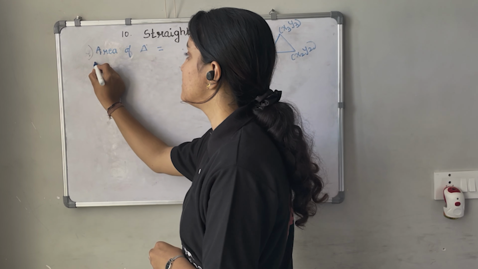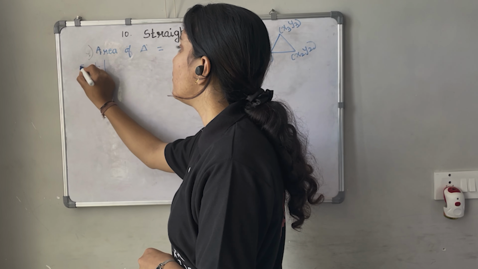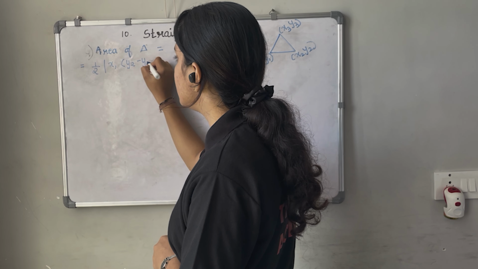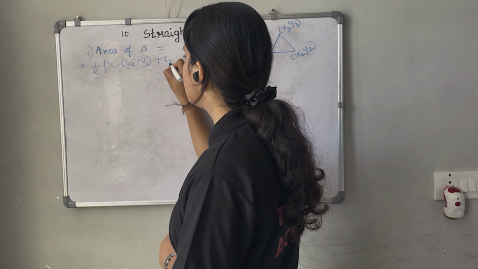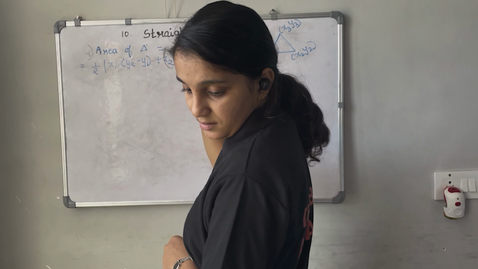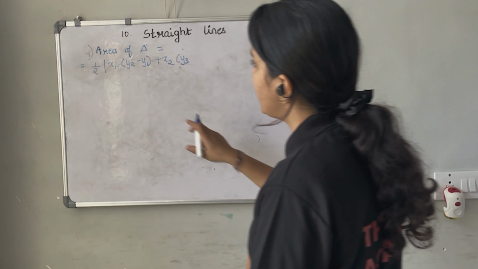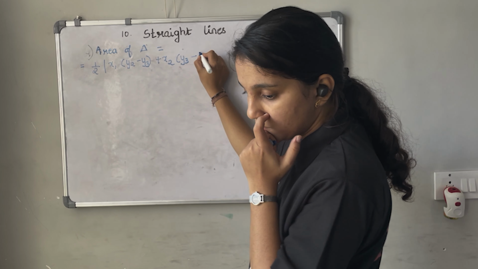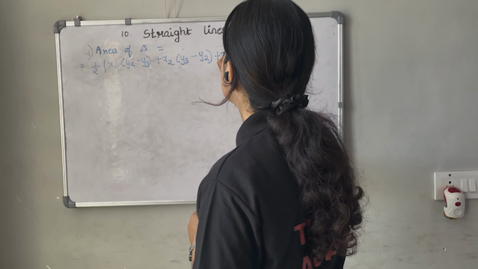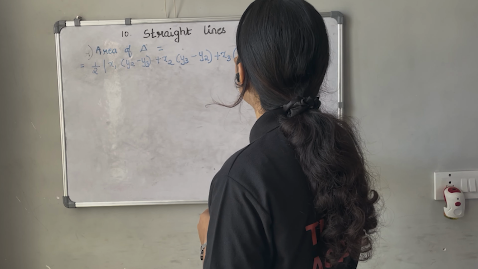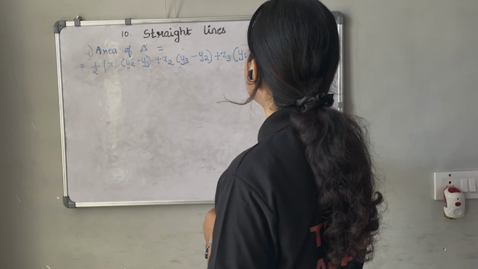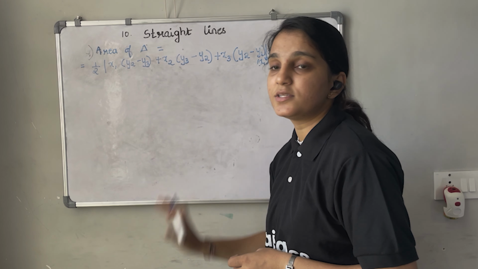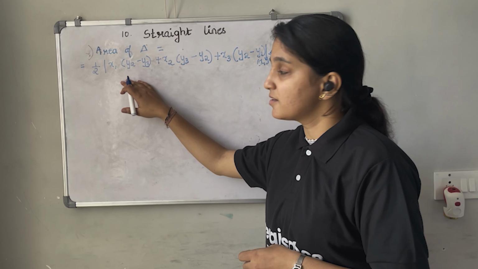Then the area of the triangle is given by half into mod of x1 (y2 minus y3) plus x2 (y3 minus y1) plus x3 (y1 minus y2). The mod sign represents that the area is always in positive form. That is, the area cannot be negative anytime.